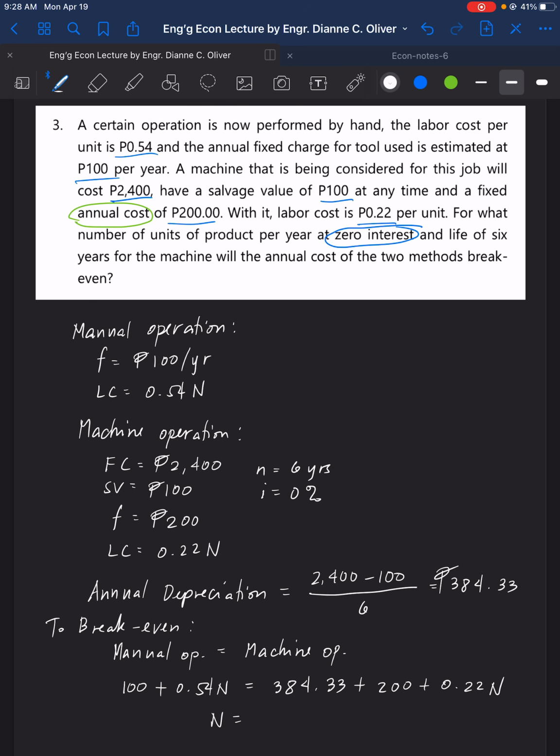So n is equal to 1,513.53, or say that is 1,514 units. So that is being produced yearly.